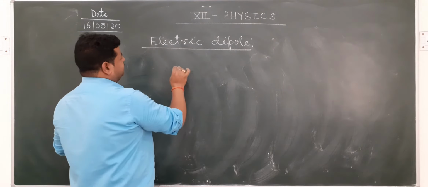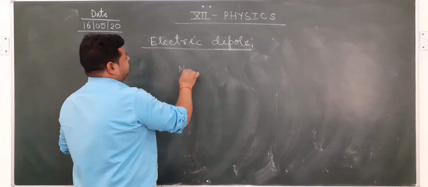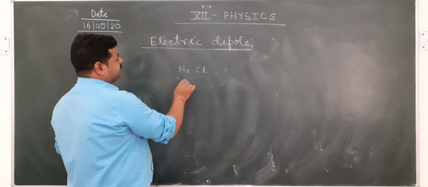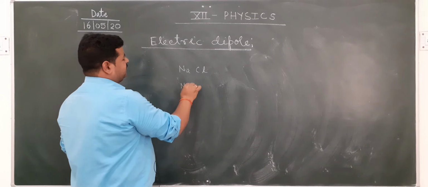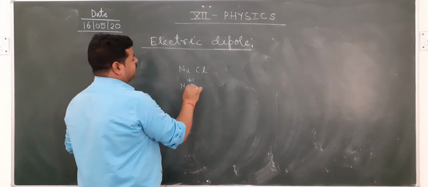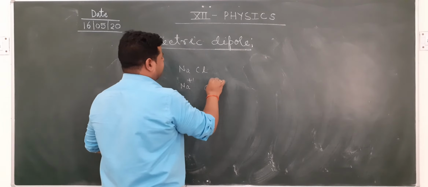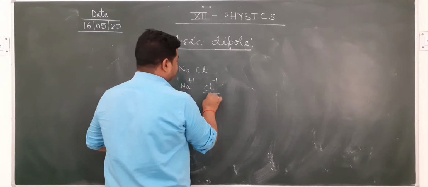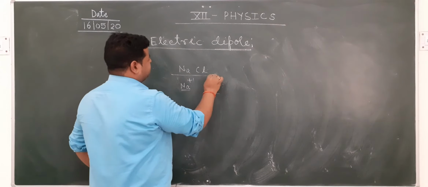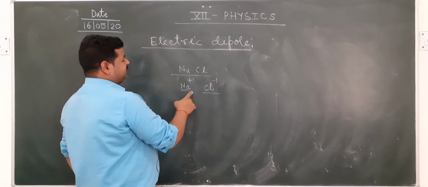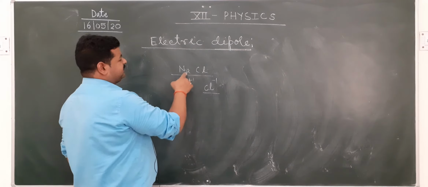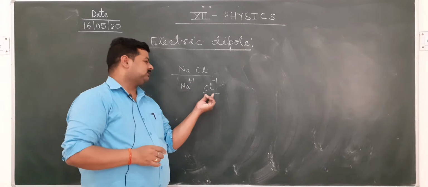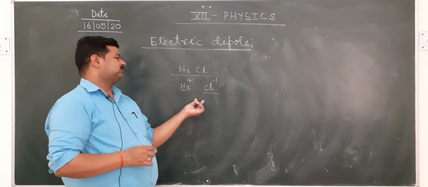Let us assume that this is NaCl. By electrolysis, Na acquires a positive charge, plus 1, and Cl minus 1. So here we observe that NaCl is made of two atoms, sodium and chlorine. Sodium has a plus 1 charge and chlorine has a minus 1 charge.